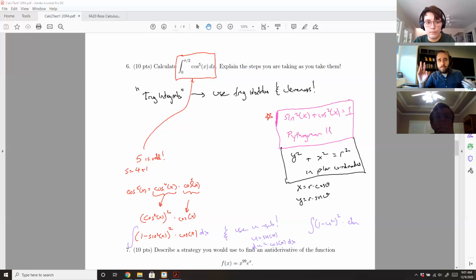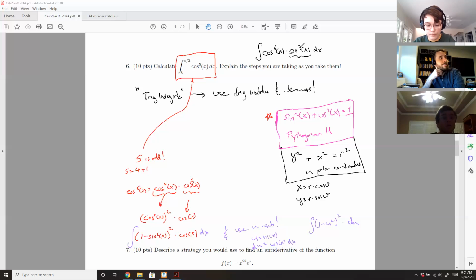A lot of the sort of trig integral problems involved similar tricks. What we found is that even if we have an expression like, let's say, cosine to the 6th of x times sine cubed, we could play a similar trick.